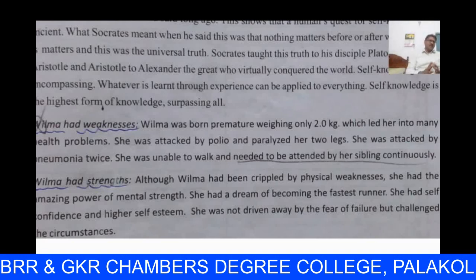Physically, she was weak, but mentally, she was very strong. Mental strength is good. So it is very important to achieve our goals. In SWOT and SWOC analysis, we have to apply our weaknesses and our strengths to achieve our goals.